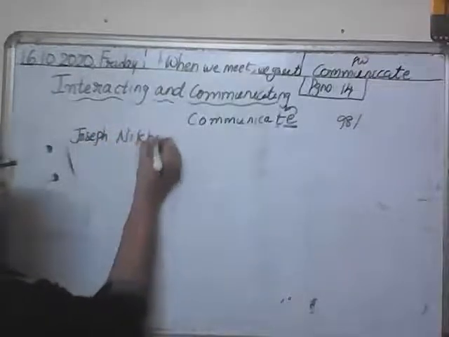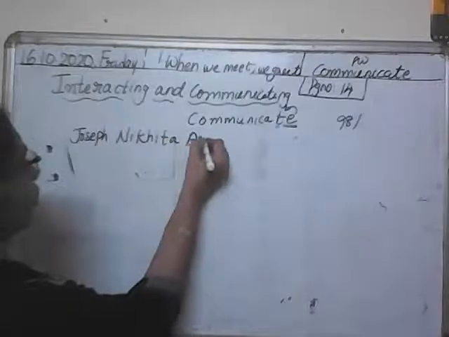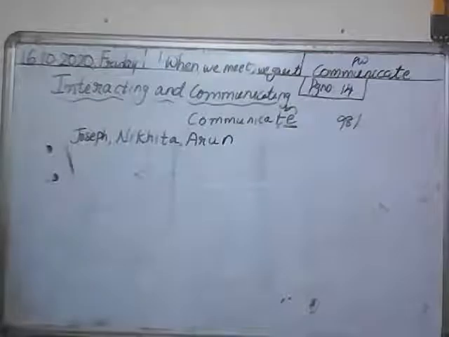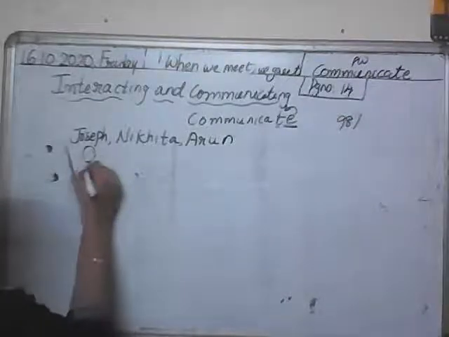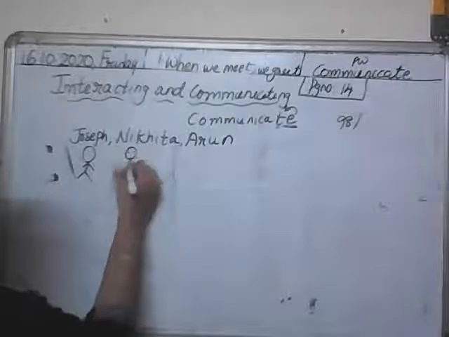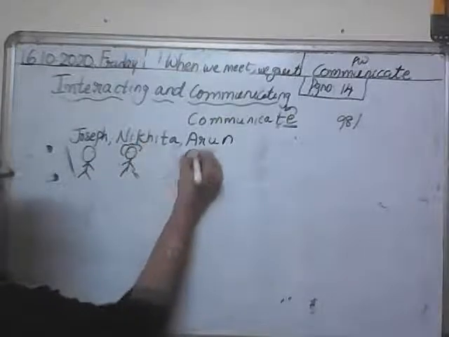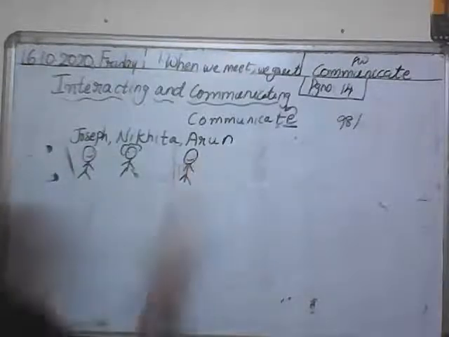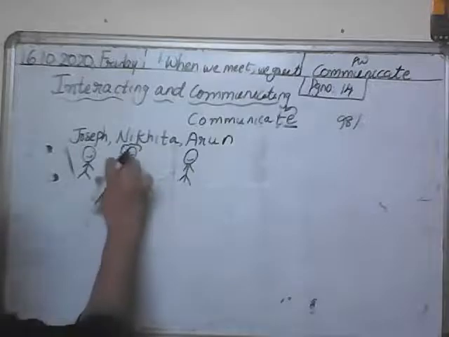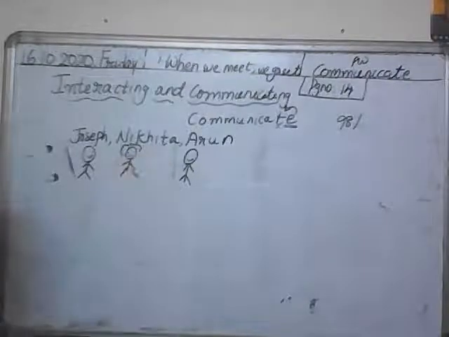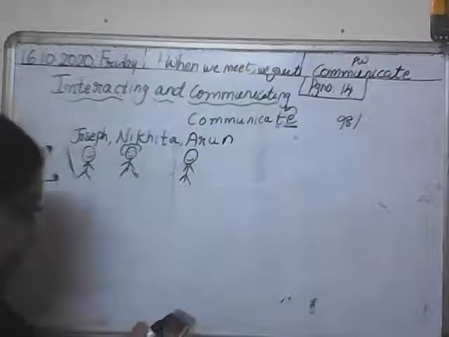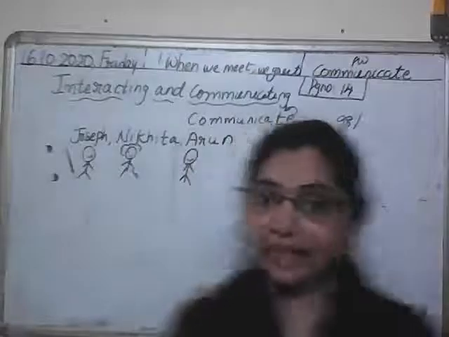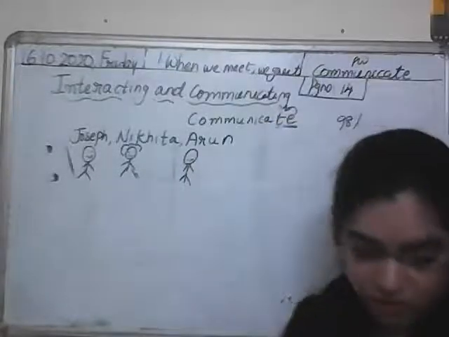This is Joseph, this is Nikita and this is Arun. Now let's see the conversation that is going to take place among these three children.